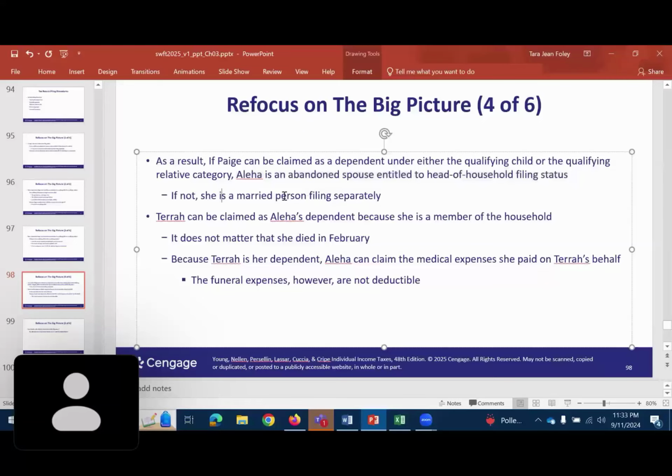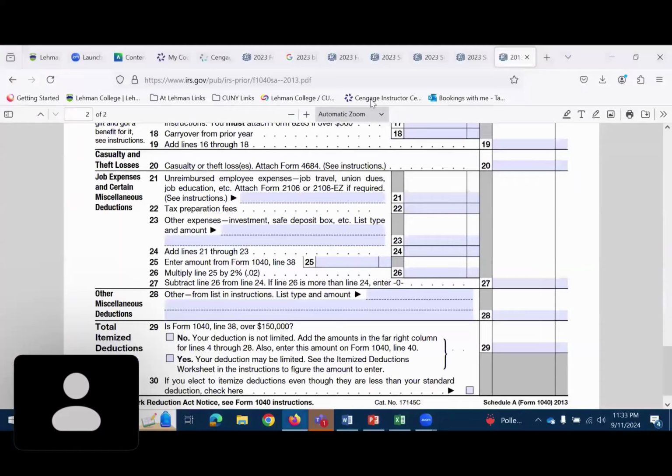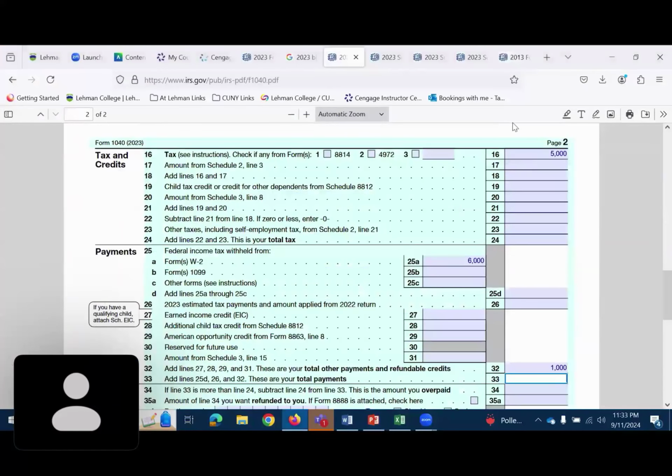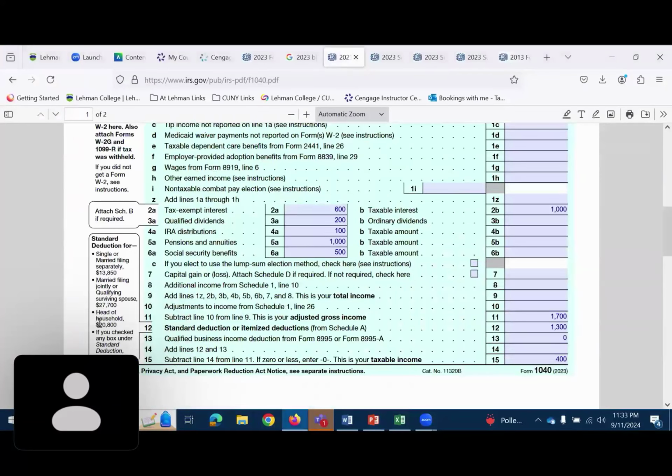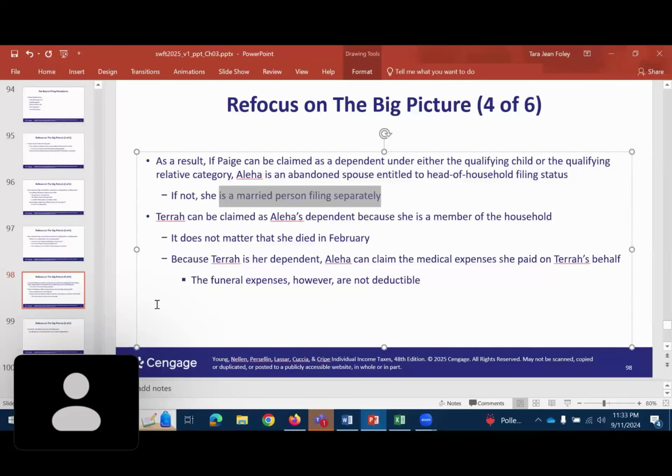If not, she's married filing separately. Right? So now head of household will give her $20,800 for deduction versus married filing separately is $13,850. So it's really not fair, right?